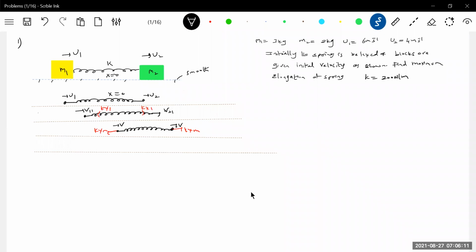Then after maximum compression, the compression will decrease. I'll call the blocks A and B, with velocities VA1 and VB1; both will have a common velocity. Now VB2 and VA2, and it is still compression, with force Kx2.